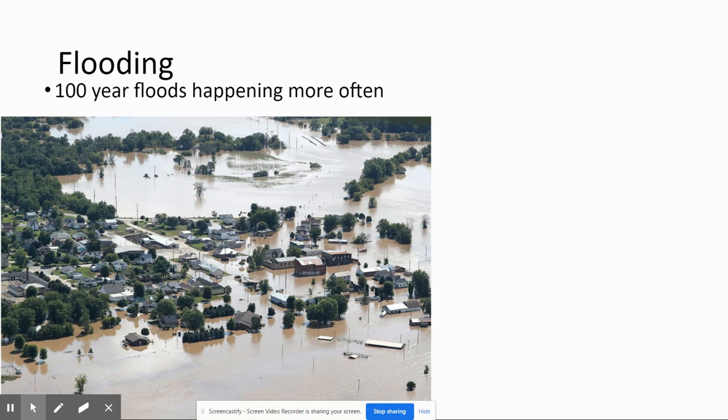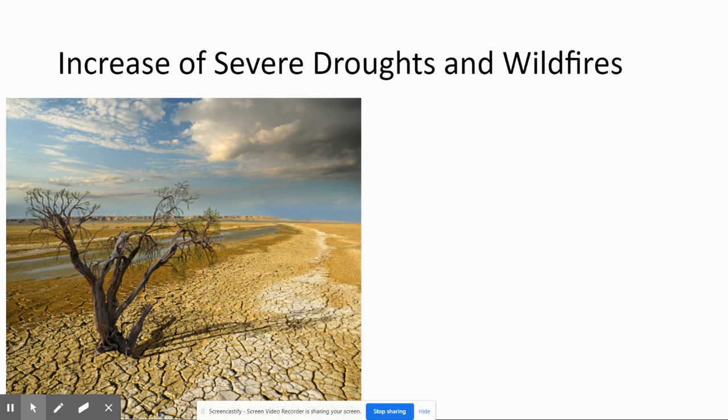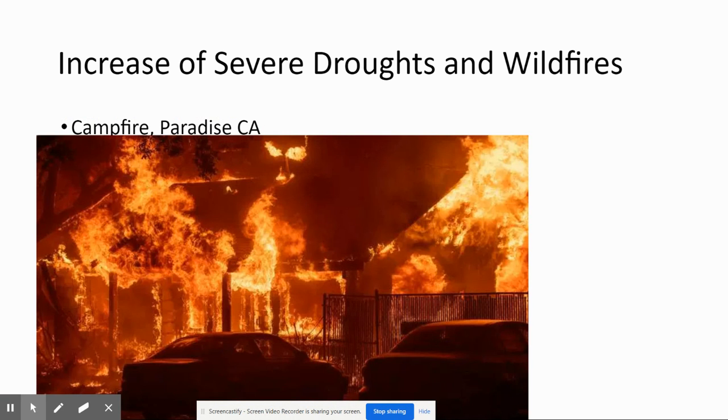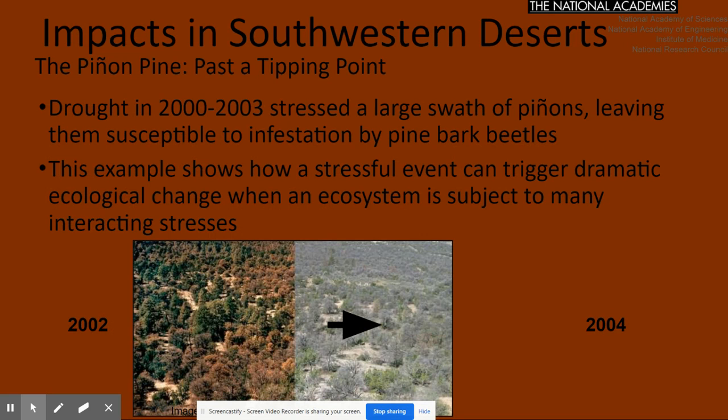And 100-year floods are happening more often. And the wildfires were on the news a lot this year. So the California wildfires and out west wildfires are getting worse and worse. And this is showing you a pinyon pine. Because of drought, it looks like it's moving more towards chaparral.